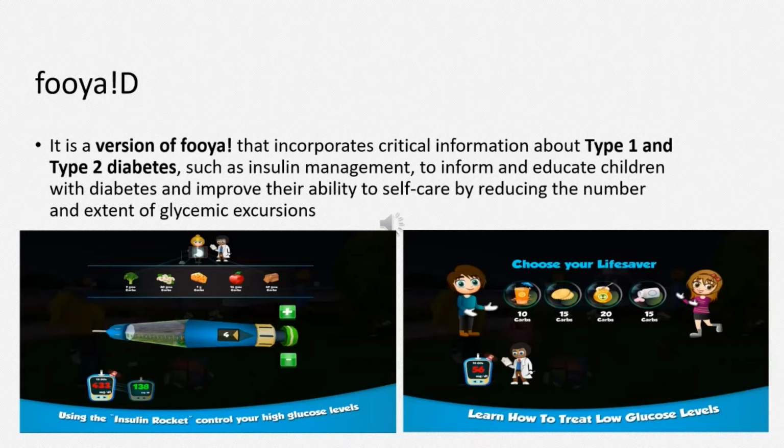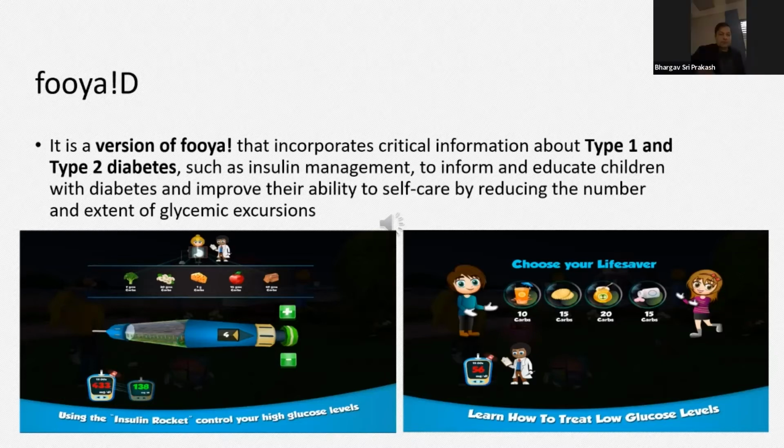So the objective of Fuya D is to really harness the capabilities of Fuya, but with a little bit of a twist in that it goes much deeper into the subject matter of helping a child care for themselves.